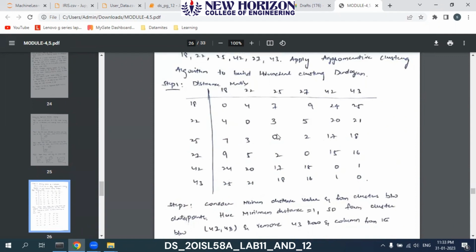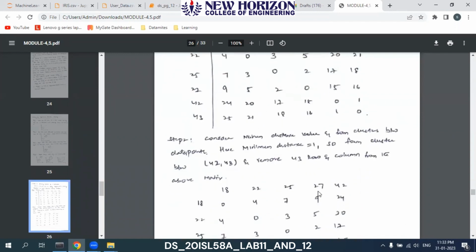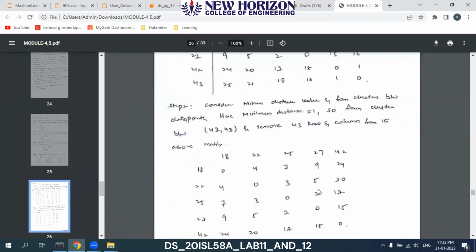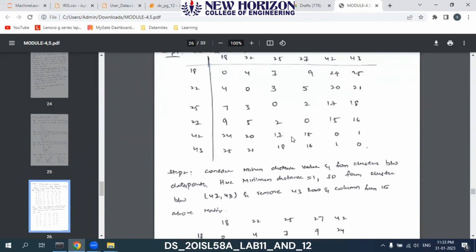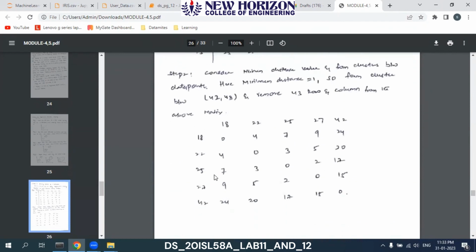The diagonal elements will always be 0, and the points above the diagonal and below the diagonal are mirror images. Now, we consider the minimum distance point and start grouping the data.